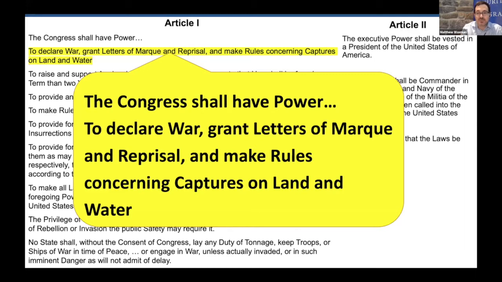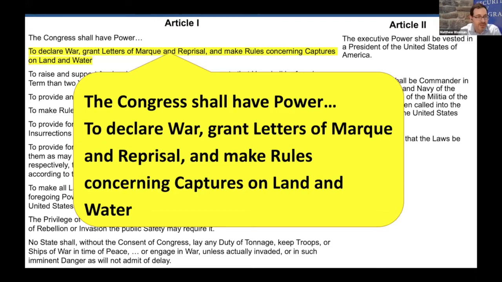Now, your question raises a lot of other very important additional questions about this clause, that even if what I said is true, that the founders intended to lodge the power to initiate full-blown war exclusively in Congress, this raises a bunch of other really important issues.